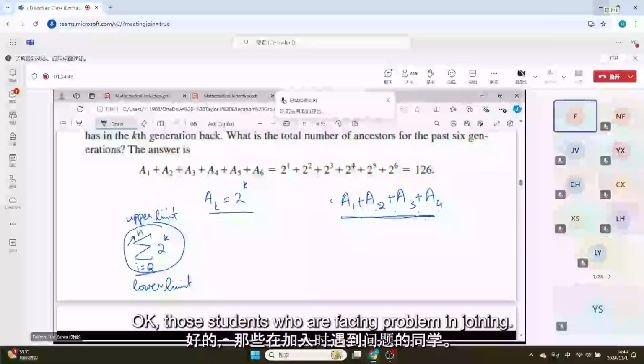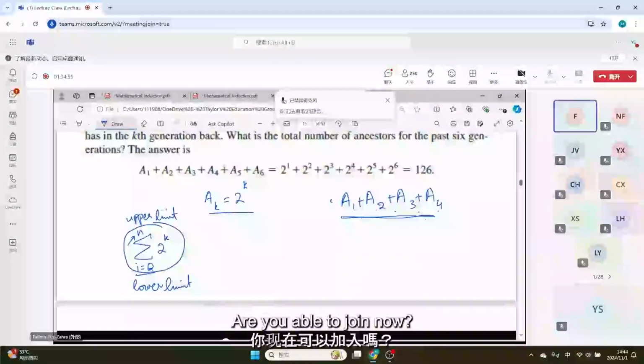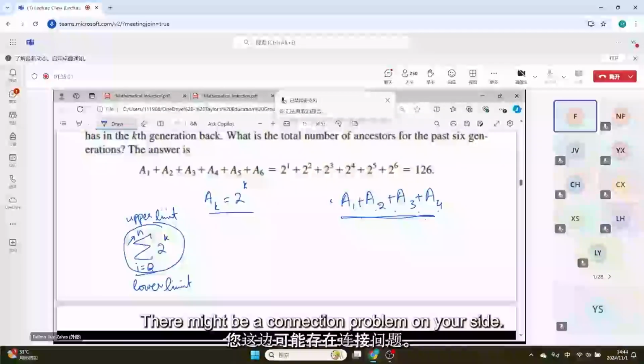Those students who are facing problems in joining, are you able to join now? There might be a connection problem on your side.